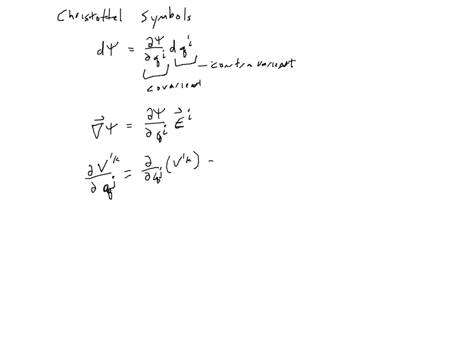So I'm taking the derivative of my vector. You can see it's primed, so I have to change it to the unprimed frame, right? And that's the transformation I need to do. Actually, I got too many k's. Actually, this should be an i.